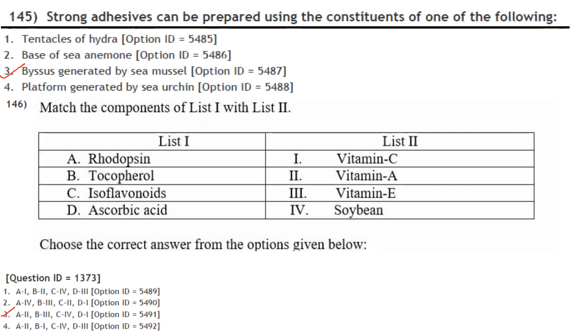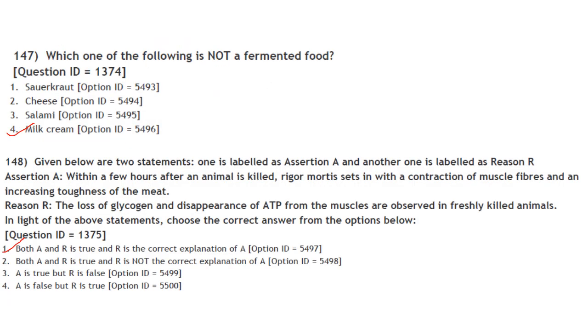So answer is option 3, that is A2, B3, C4 and D1. Which one of the following is not a fermented food? Sauerkraut, cheese, salami, milk cream. Milk cream is not a fermented food.